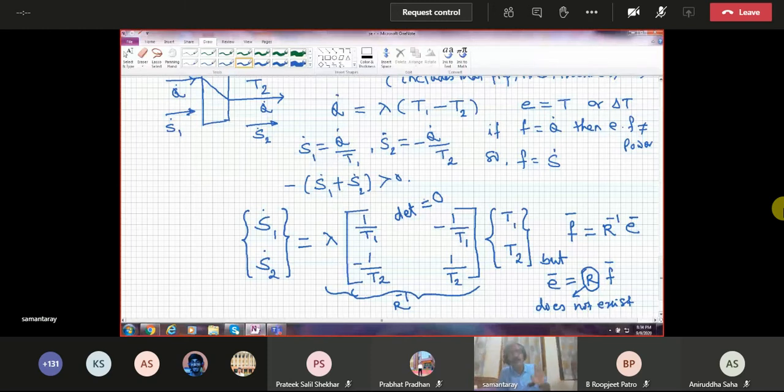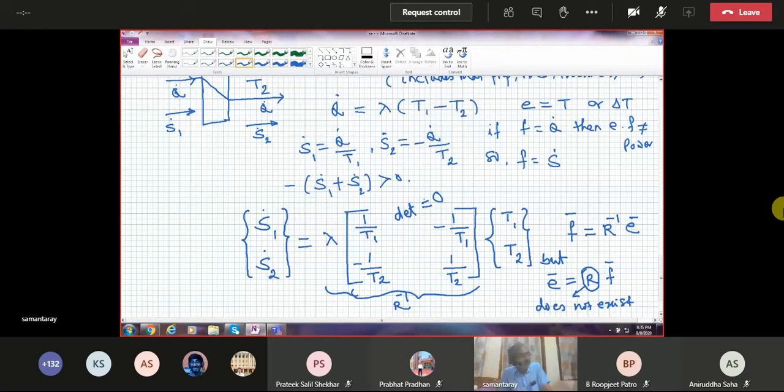What it says is, given two temperatures, you can find entropy flow rates, but given entropy flow rates, you cannot find the temperatures. These temperatures are absolute temperatures, remember. For example, let's say a certain pipe is given, and you have all the data: your coefficient of discharge, area, all those things are known, and you are measuring the flow rate.